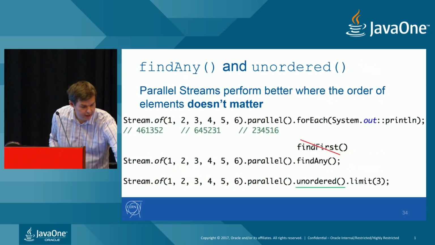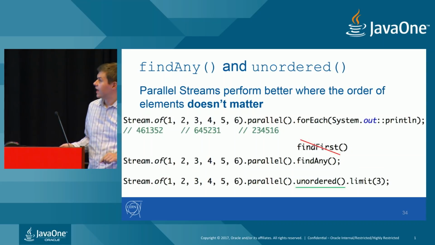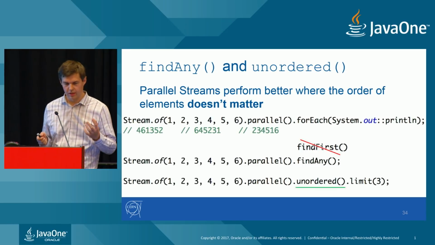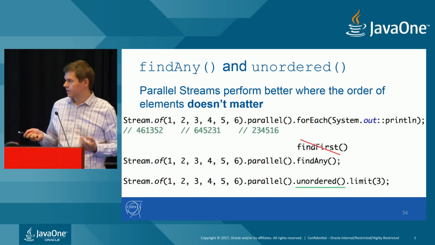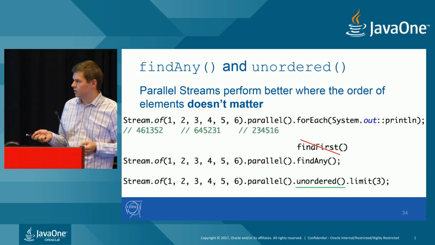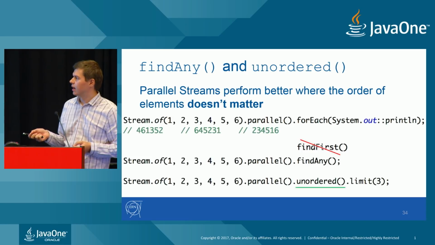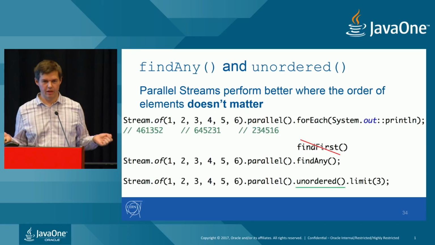Okay, just check the time. All right, so findAny and unordered. Maybe the example explains it best. Imagine we have this very simplistic stream of 6 elements, and all we do is print the elements, nothing more.